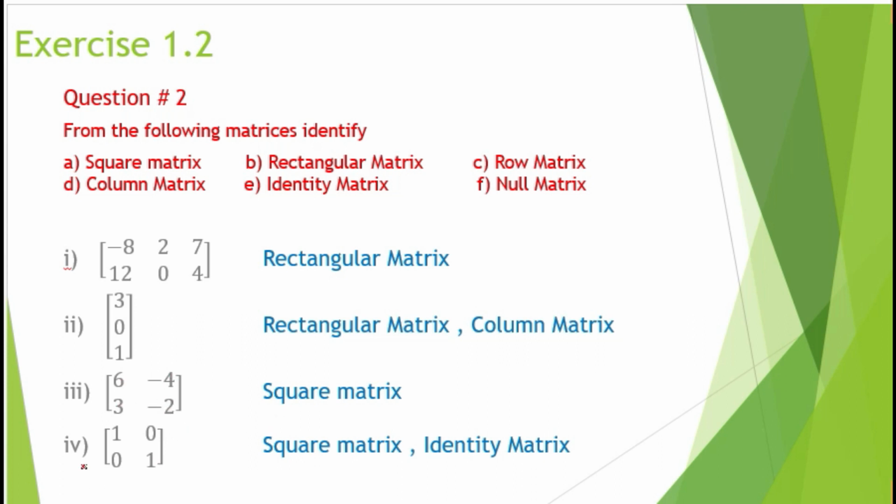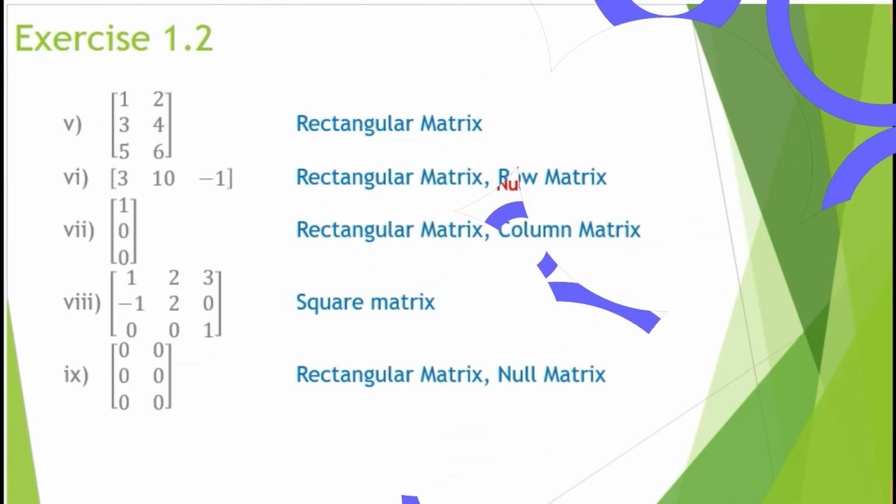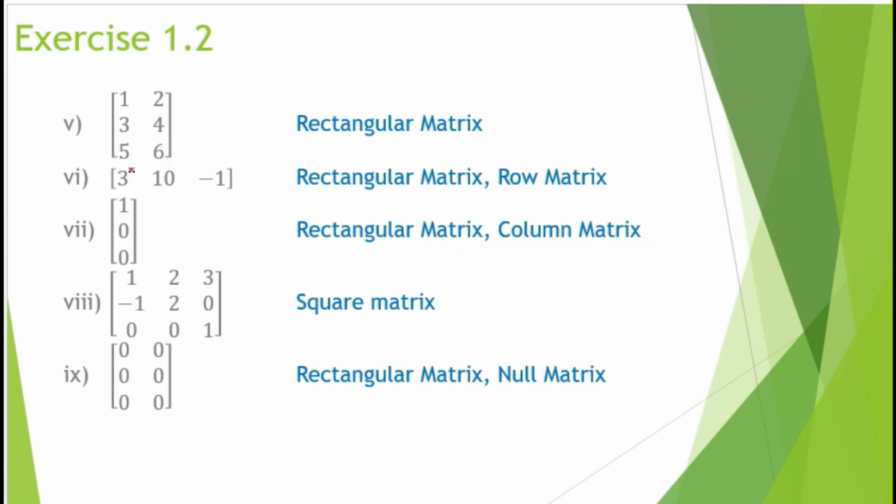And in next part 1, 0, 0, 1, this is also a square matrix because it contains 2 rows and 2 columns. And it's also an identity matrix because its diagonal entries are equal to 1. So next question is 5, 1, 2, 3, 4, 5, 6.